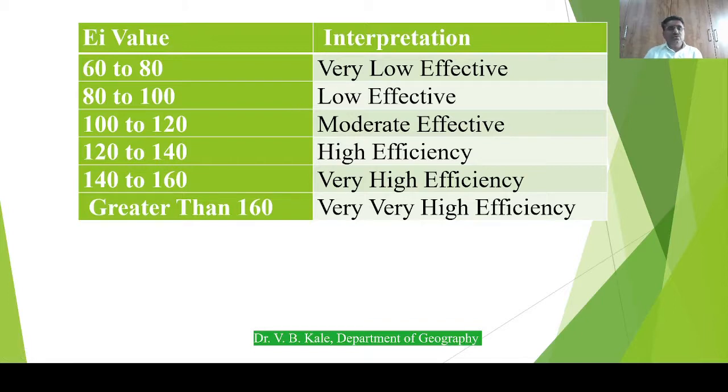The scientists also developed a criteria table of index values for the interpretation. If the EI value, the agricultural efficiency index value, is between 60 to 80, that is very low efficiency, you can simply say. 80 to 100 is low, 100 to 120 moderate, 120 to 140 high efficiency, 140 to 160 very high efficiency, and greater than 160 very high efficiency.